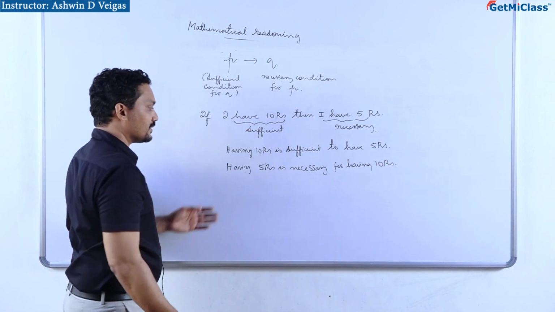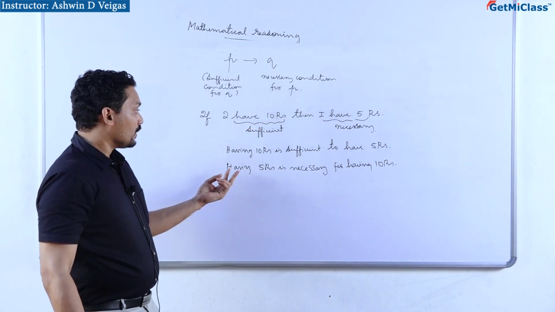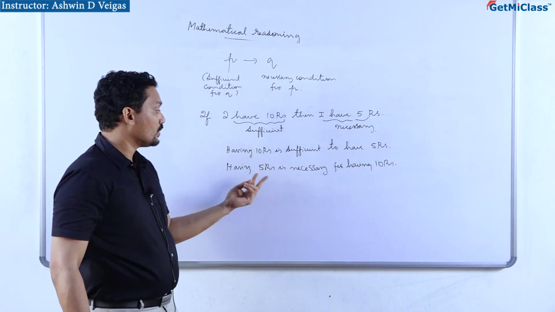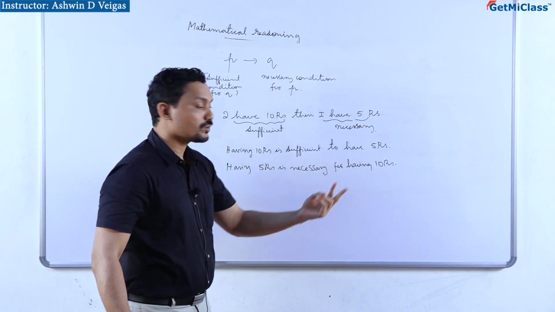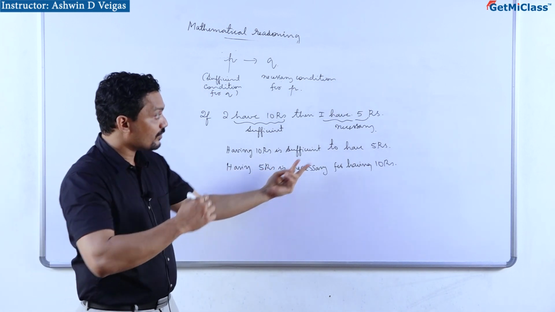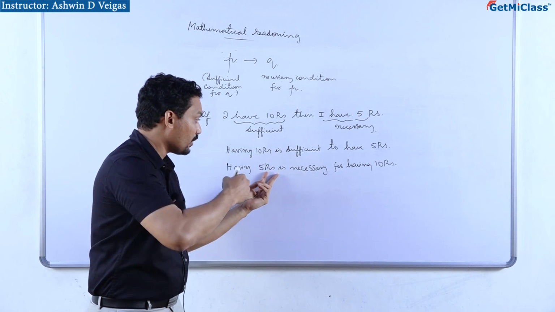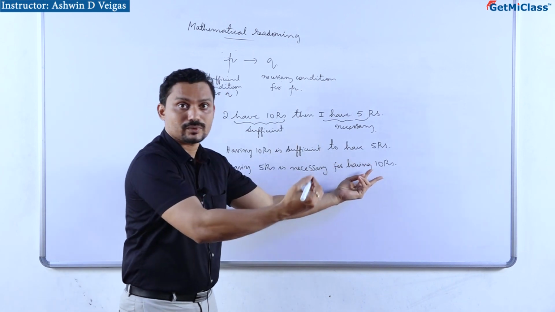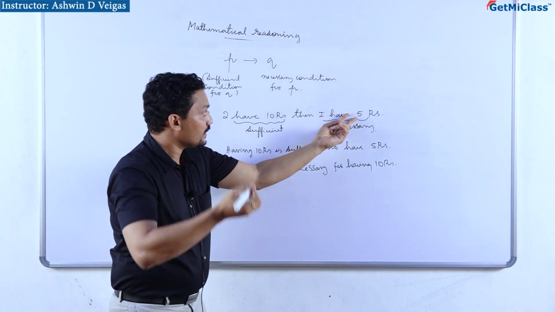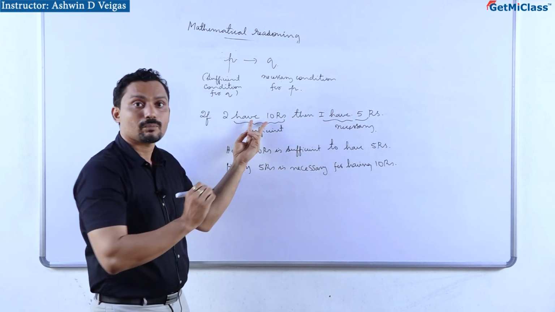You can see this is also correct. If you want to have 10 rupees, you necessarily should have 5 rupees. Without having 5 rupees, how will you have 10 rupees? Only if you have 5 rupees, you can have 10 rupees. So this second condition is necessary for this to happen.